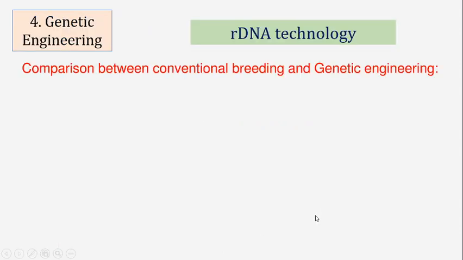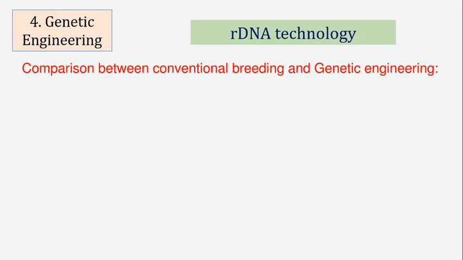Now we will compare some differences between conventional breeding and genetic engineering. Conventional breeding was used several hundred years ago. In that process we made hybrids of different plants and animals.